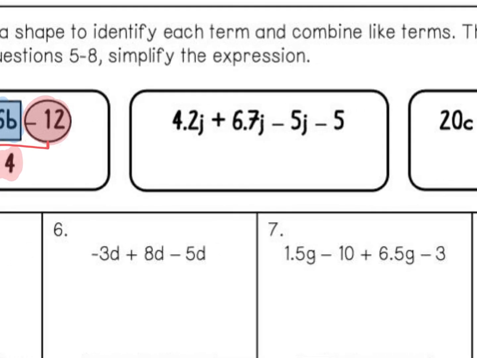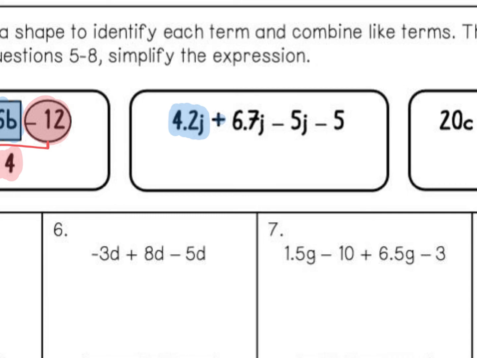All right, so let's look at the second one. I'm just going to choose blue to start off. I'm going to highlight all my terms that have a J, blue. You done? All right, do I have any more terms that have the variable J? Yes. Which one? 6.7 and 5. Now remember, when you're highlighting, you have to include the operation before it with it.